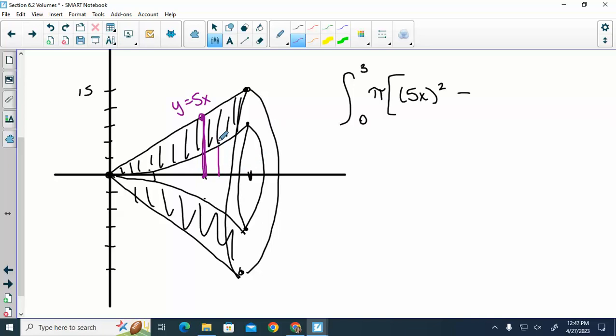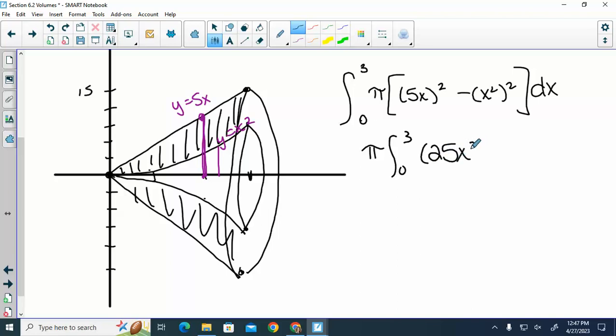That goes to our parabola. Minus x squared. We get 25x squared minus x to the 4th.